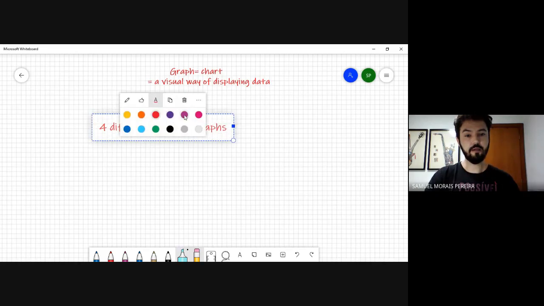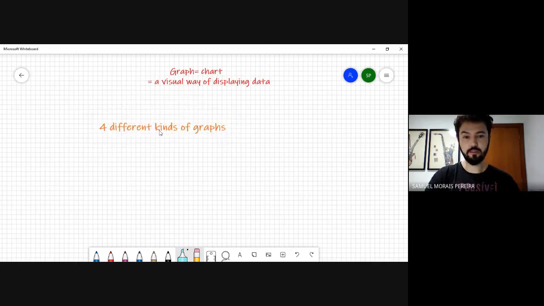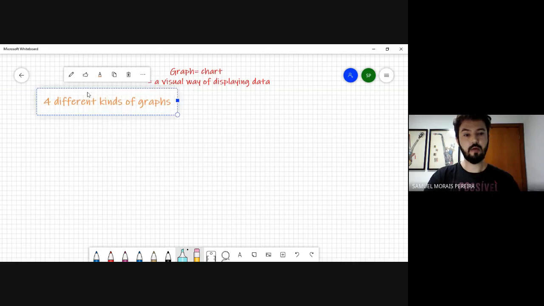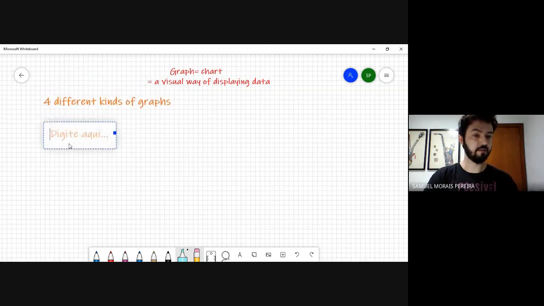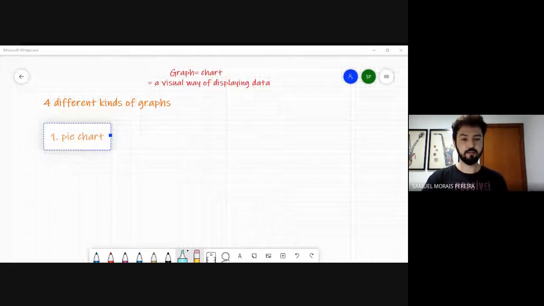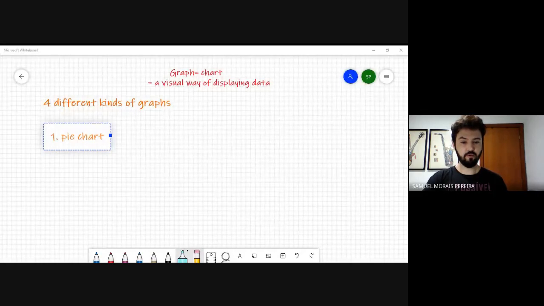So let's start with a very simple one. I think in our other class, I've already talked about this one. I'm going to start with the pie chart, okay? So the pie chart, as I told you in our other class, is a circular graph, okay?